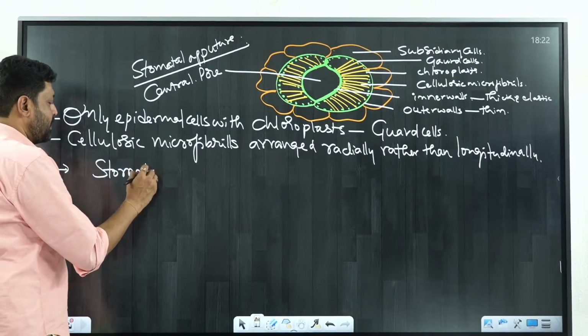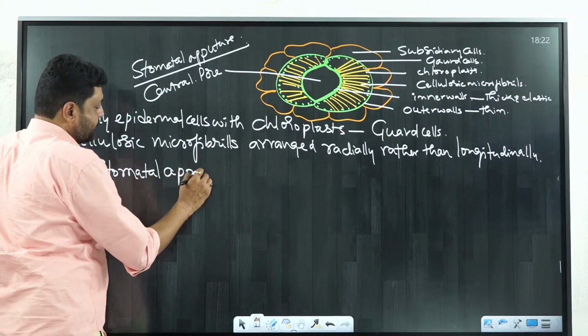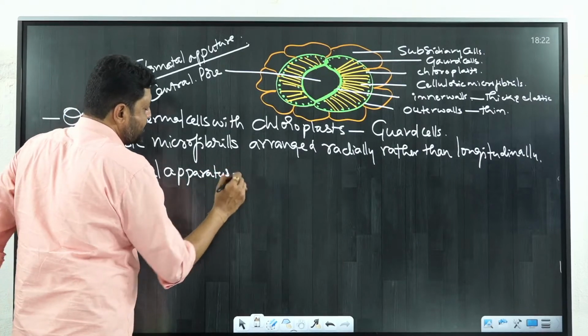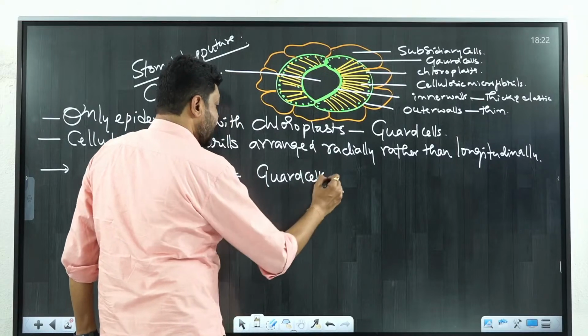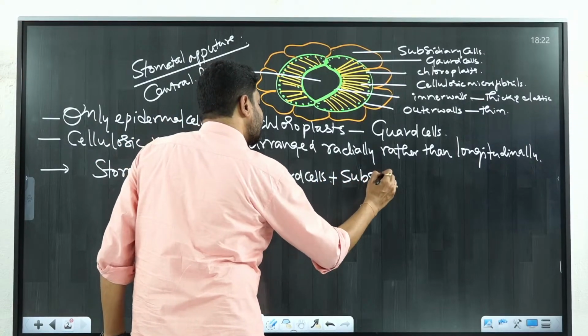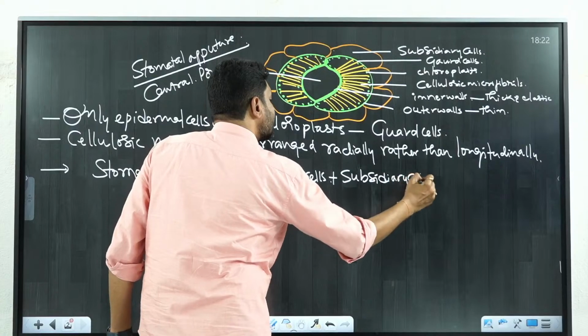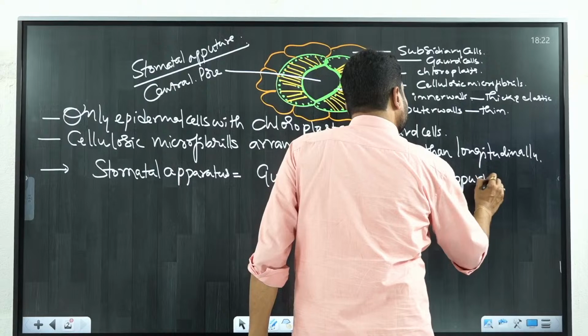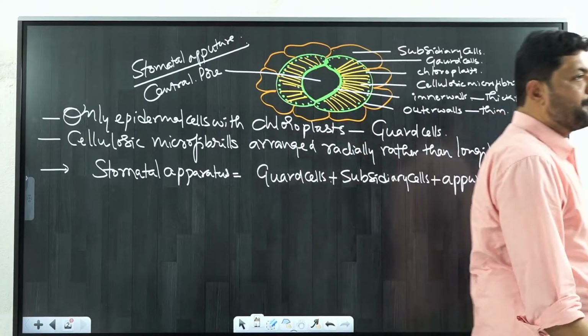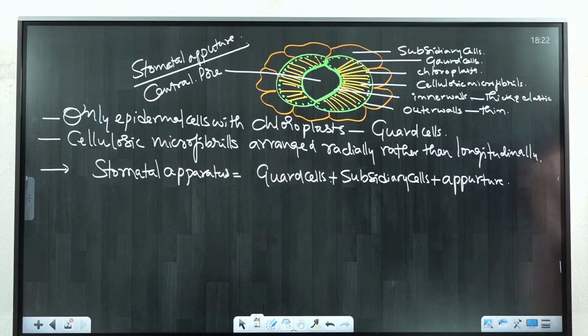Stomatal apparatus is equal to guard cells plus subsidiary cells plus aperture. Together, they are called the stomatal apparatus. Was it clear?